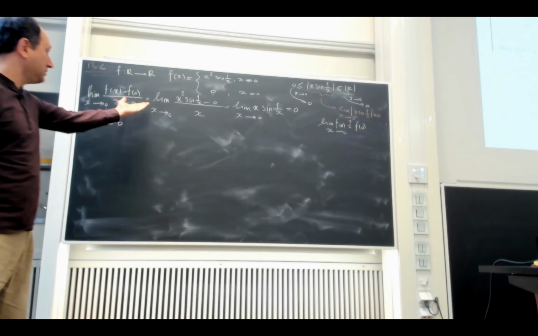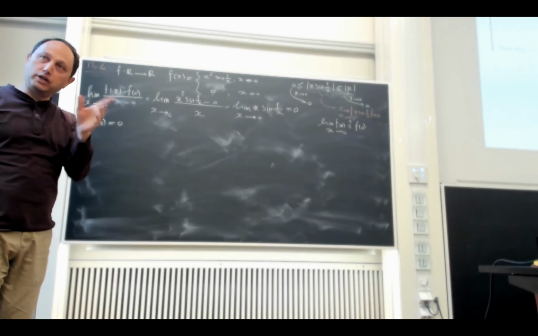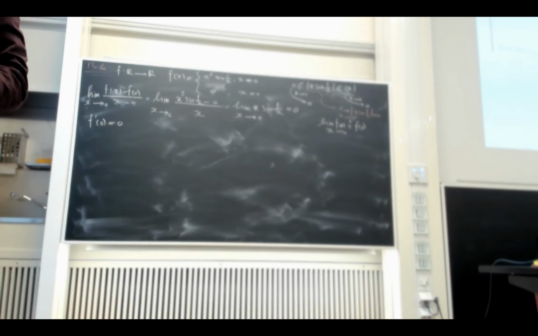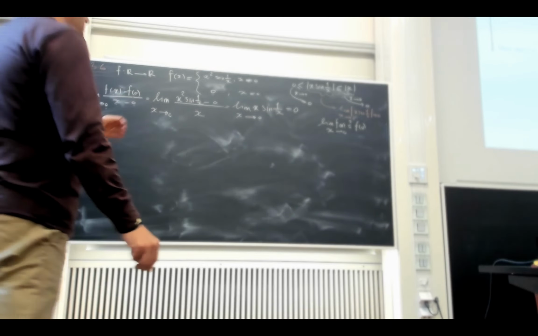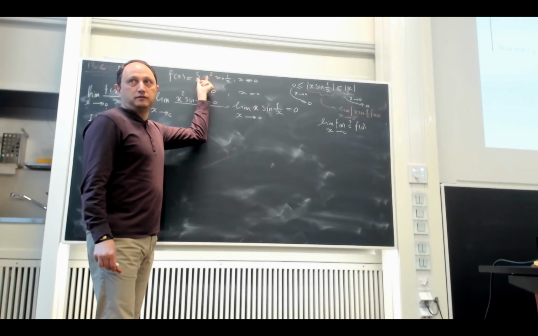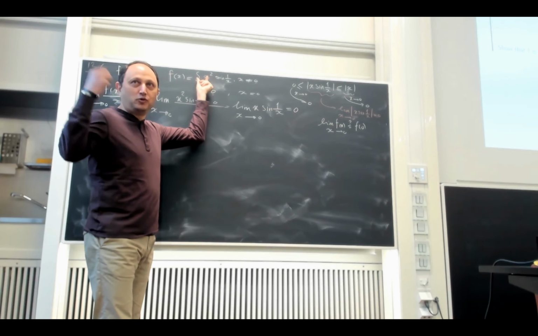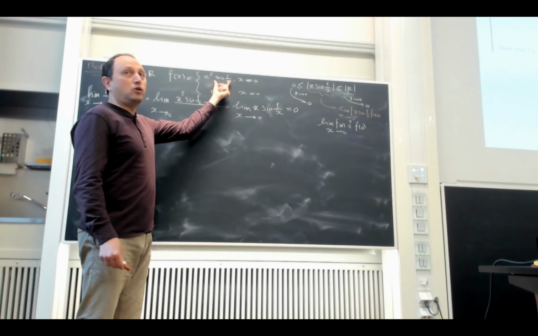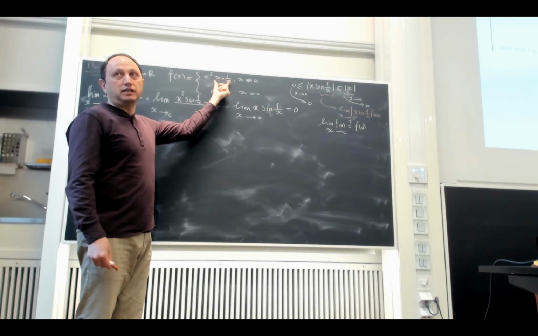But why is this differentiable everywhere? It was differentiable at 0. But for example, is this differentiable at 1? Is this differentiable at -7? Why? Because this function is differentiable. You have seen this before. What is the derivative? It is 2x everywhere. And this function is also differentiable everywhere if x is not 0.